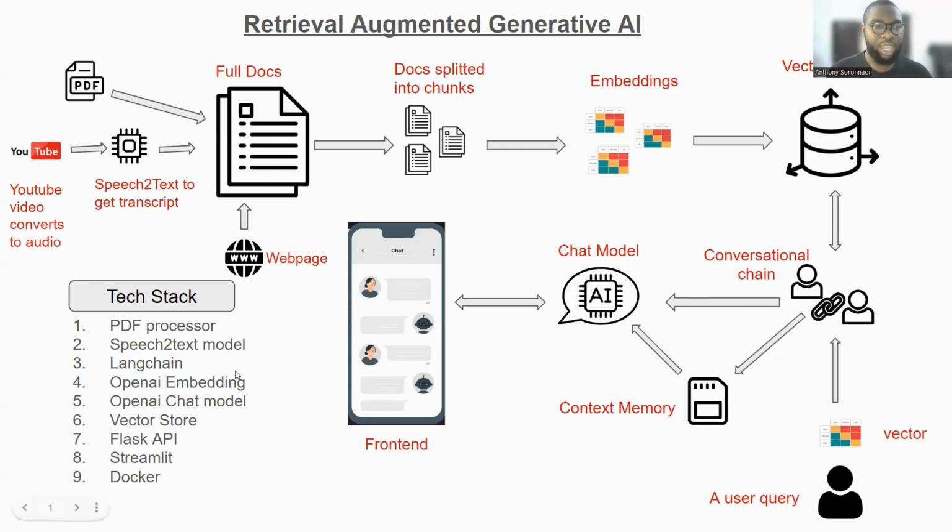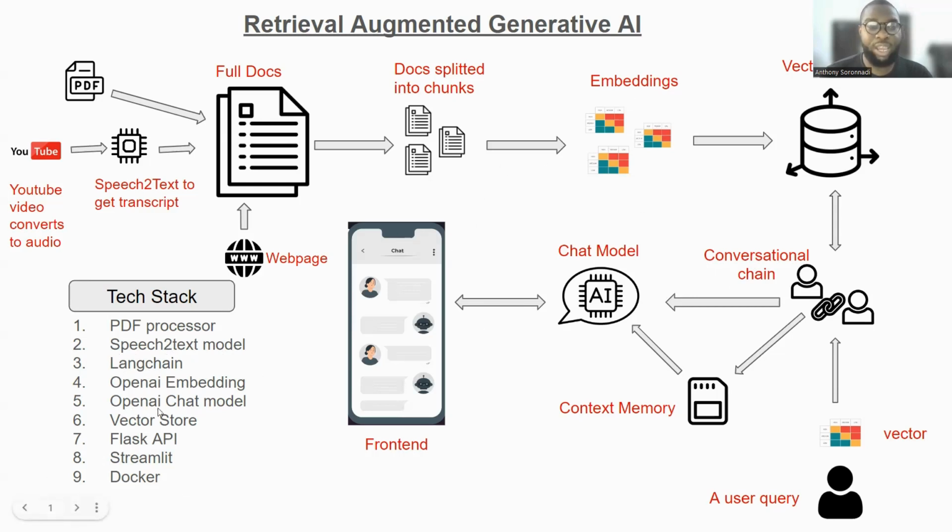Okay. So here you can see we use a PDF processor, PyPDF. For the speech-to-text model, we use Whisper. We use LangChain to build the conversational chain and everything. We use OpenAI embeddings to extract the embeddings from the chunks that were split.